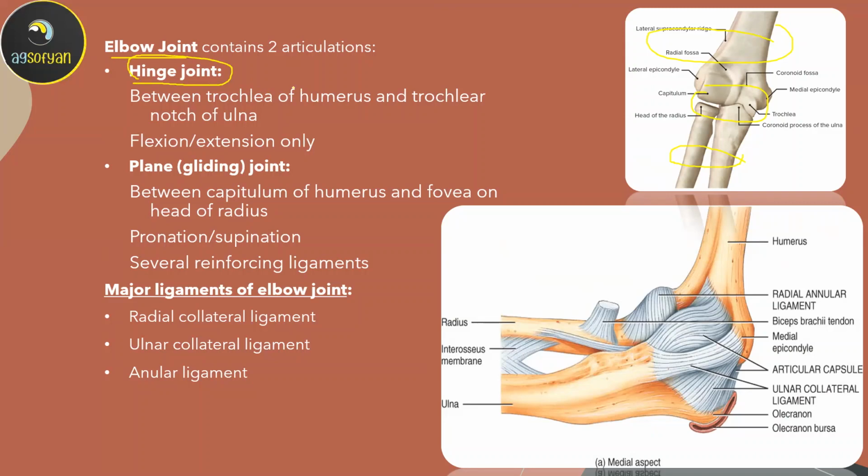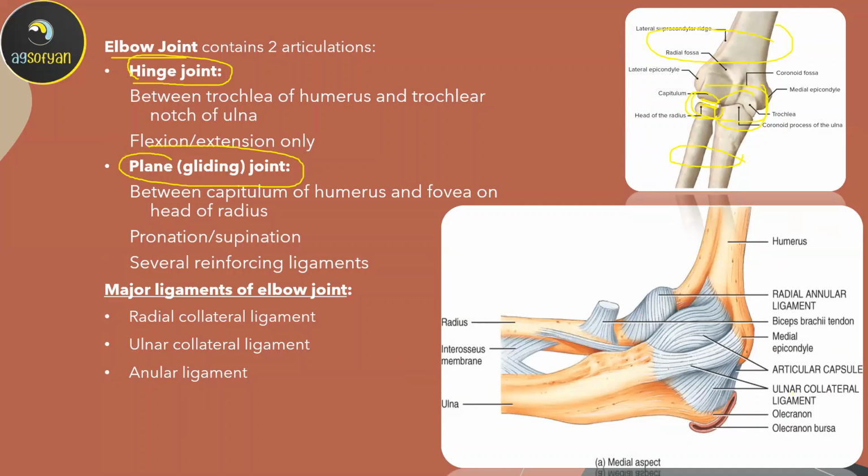Actually, there are two types of joint in the elbow joint: hinge and planar. The planar, or gliding, type of joint has a flat surface. So basically, there are two types of joints located in the elbow joint, hinge and planar.